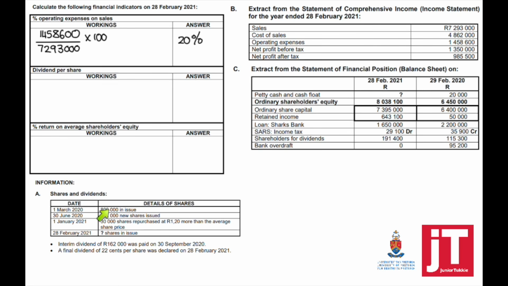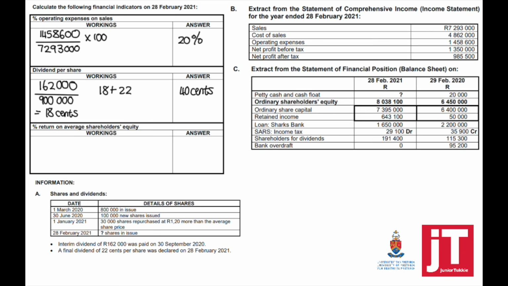We're not going to use the balance in the beginning or the balance at the end. The number is 800,000 plus 100,000, which means 900,000. So 18 cents plus the 22 cents final dividend equals the dividend per share of 40 cents.